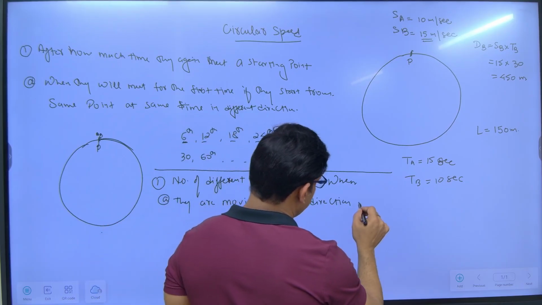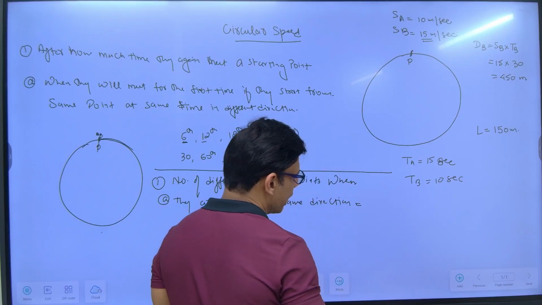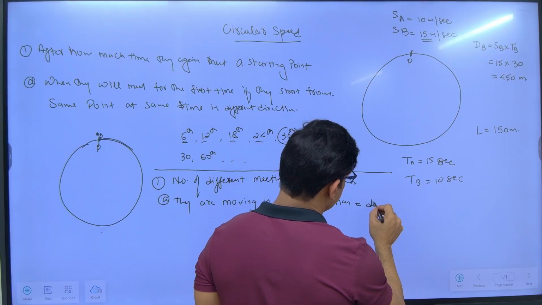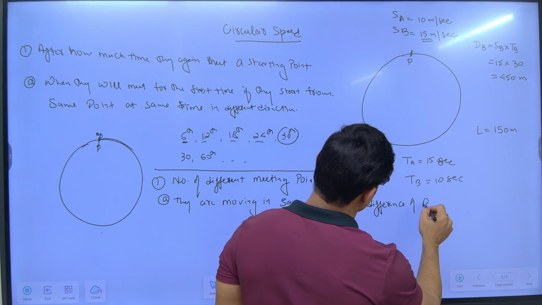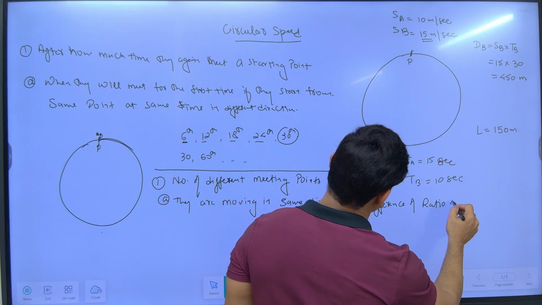It will be given by the difference of the ratio of speed.